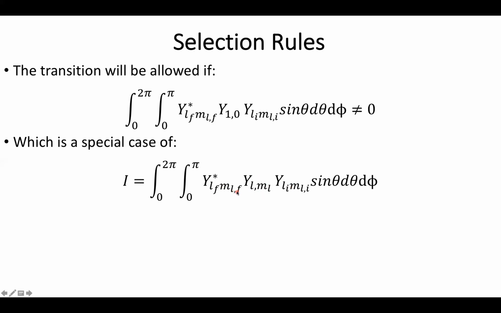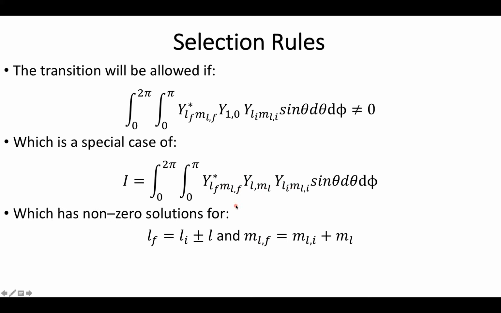So in mathematical terms, we say that this will be the case when m sub L, so this middle spherical harmonic, plus my initial angular momentum, plus the angular momentum of the added spherical harmonic equals the angular momentum of my final. Or alternatively, if the difference of these two is also equal to my final wave function.